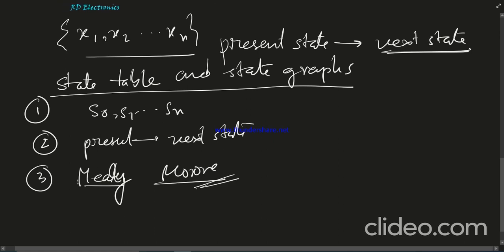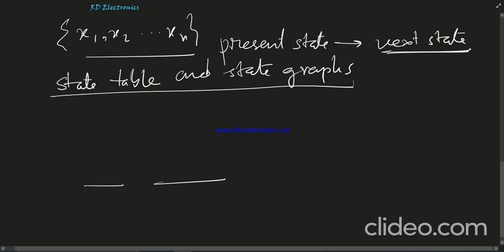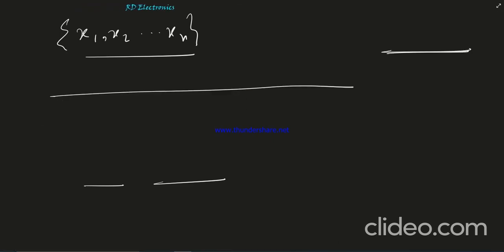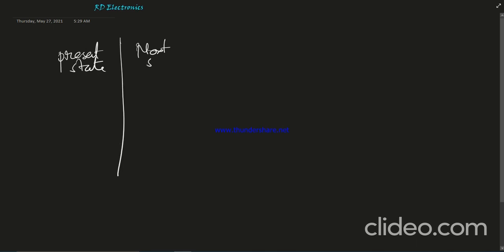So now we show the two tables. Just a minute to show the tables. Right now here we mention the present state, here we present our next state, and these are the outputs Z1 and Z2.